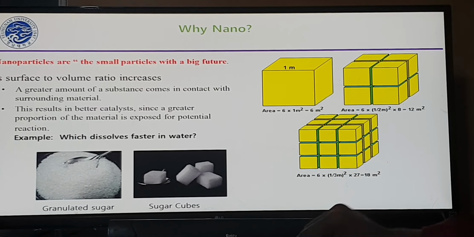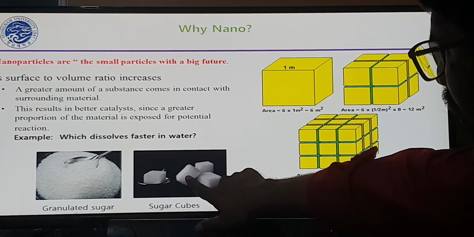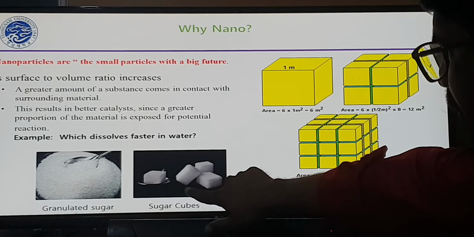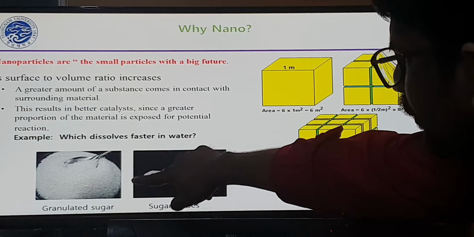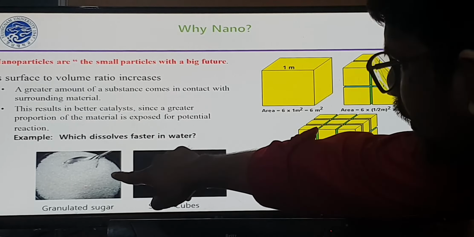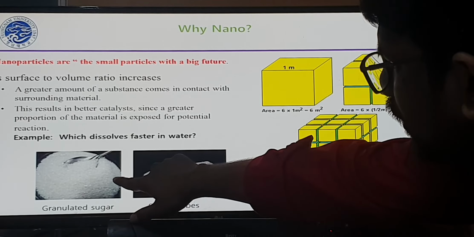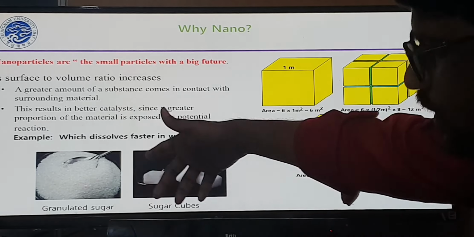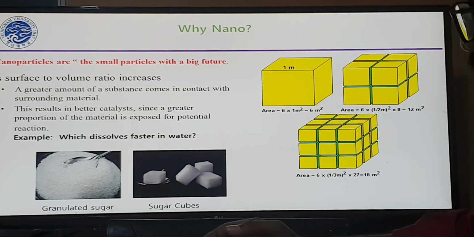Yeah, in this case, sugar cubes have low surface area, but in the case of this sugar we have very small particles. That's why, as I told, it has more surface area, so it can dissolve much faster, because most of the atoms are on the surface.